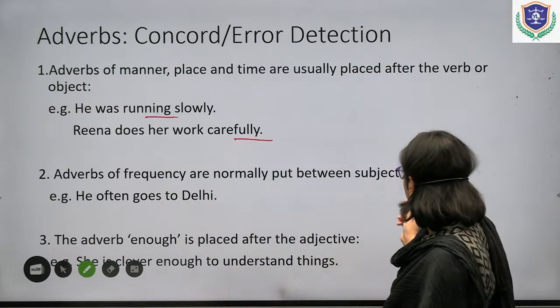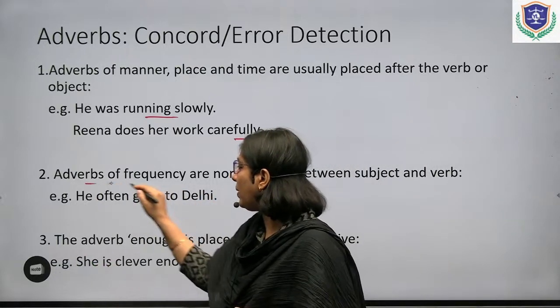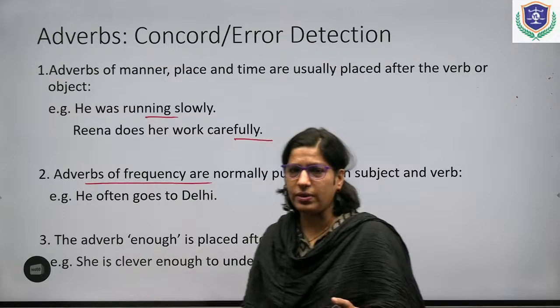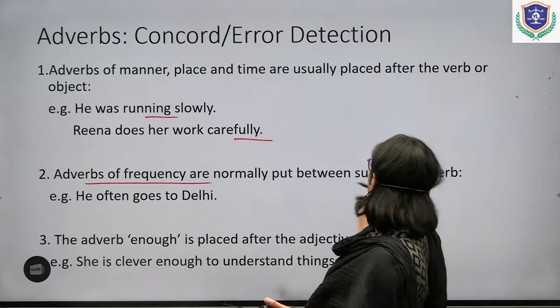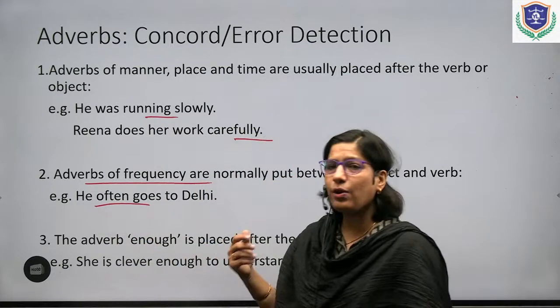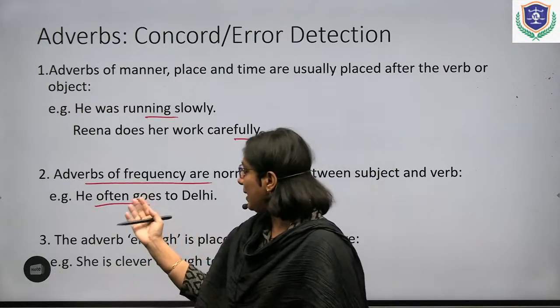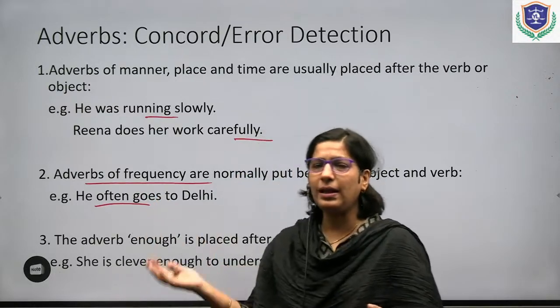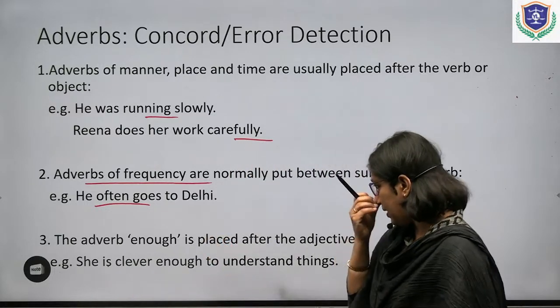Adverbs of frequency, seldom, often, rarely, hardly, come between the subject and the verb. He often goes to Delhi. He goes to Delhi often would be wrong. Or I seldom visit my nani's place.